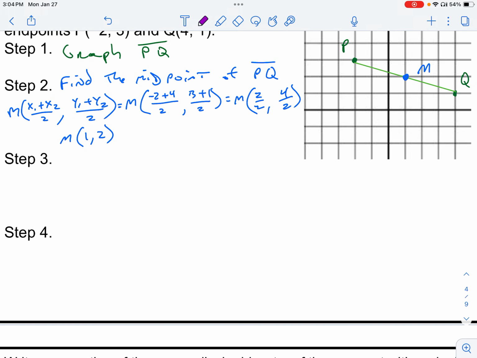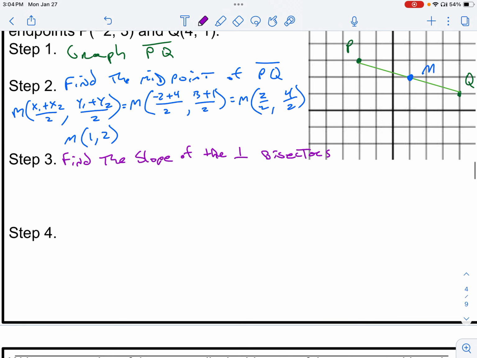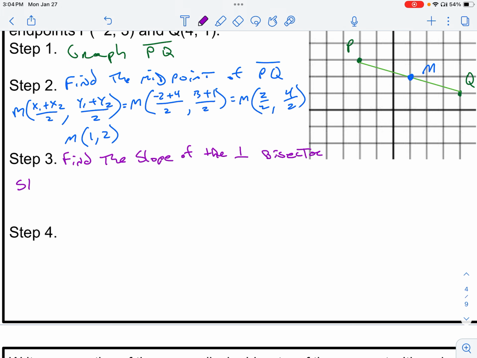There's our midpoint. So step 3. If we want to write the equation of a line, we need to know the slope. So let's find the slope of the perpendicular bisector. Well, as we recall, we do that by finding the slope of PQ, which is the change in y over the change in x.